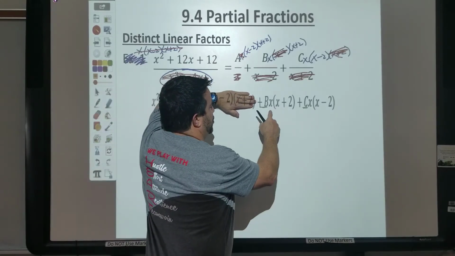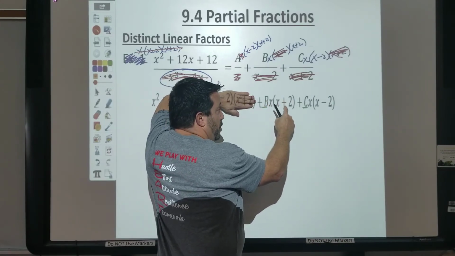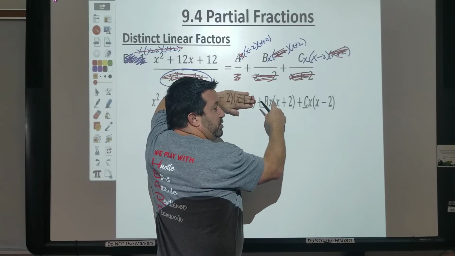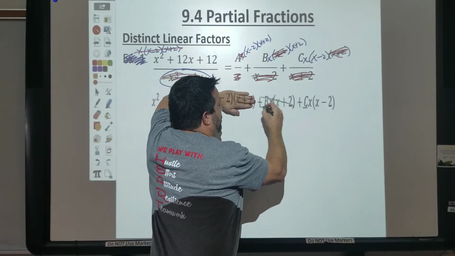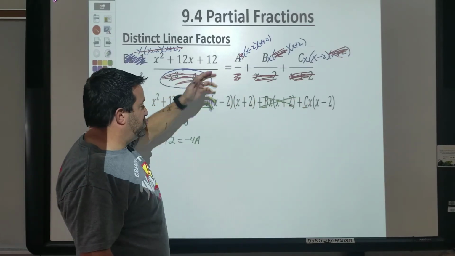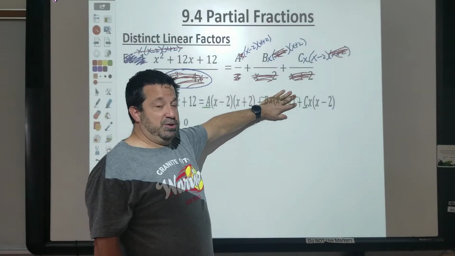If I go to this term and let x be 0, I'd get b times 0 plus 2. Well, anything times 0 is 0, and then 0 times 2 would still be 0. This term would be gone. That's why I chose x to be 0. It eliminates this whole expression here.